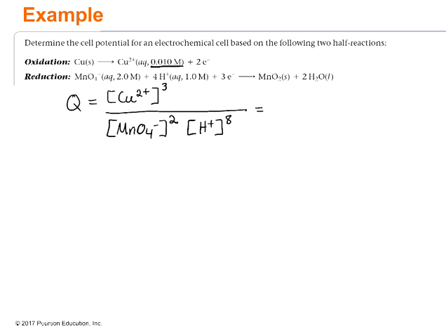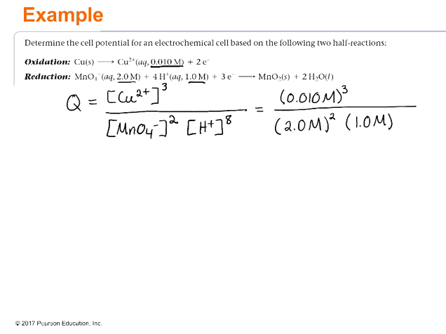And those are up above, or you might have already written them down in your notes. So for copper, we have 0.010 moles per liter. We're going to cube that. And then permanganate, we have a concentration of 2 moles per liter, and we're squaring that. Ooh, and luckily the concentration of hydrogen ions is just 1.